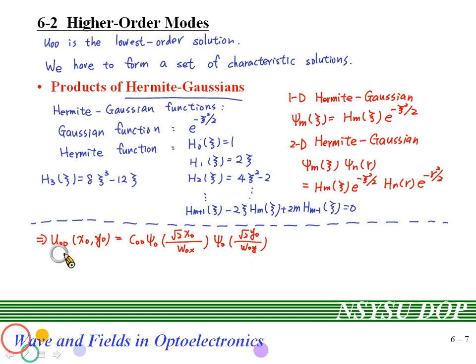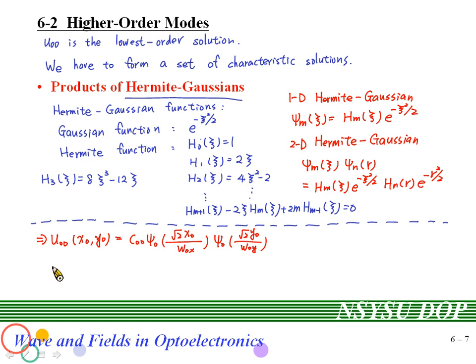The U00 function means that it's zero order in the x0 direction and zero order in the y0 direction. And W0x and W0y represent the minimum beam radius along the x and y direction respectively. C00 here is the corresponding factor.